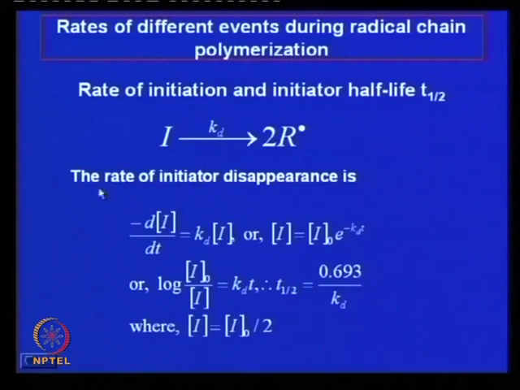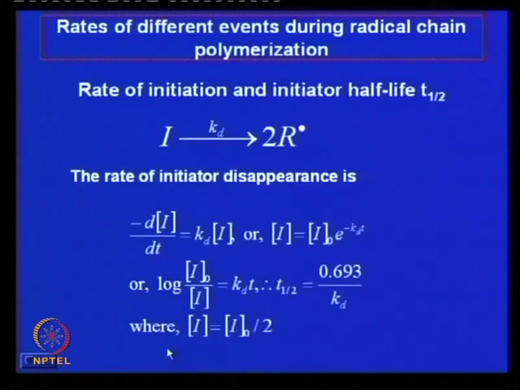So, from here we see the rate of initiator disappearance is expressed as minus dI by dt is equal to Kd into initiator concentration I, or I is equal to I0 e to the power minus Kd t, applying limiting and boundary conditions. At t is equal to 0, I is I0 and at any instant of time, the initiator concentration can be evaluated from this relation.